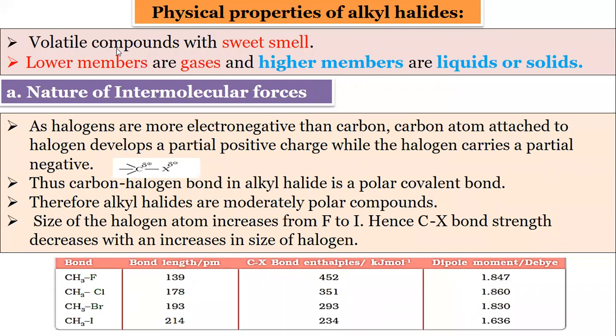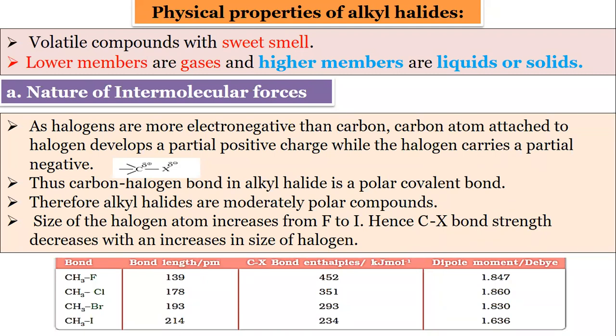So these are volatile compounds. Volatile means they have very low boiling points and easily evaporate. They are volatile compounds with a sweet smell, a very nice fruity or sweet smell, like the smell of nail paint remover, like acetone.